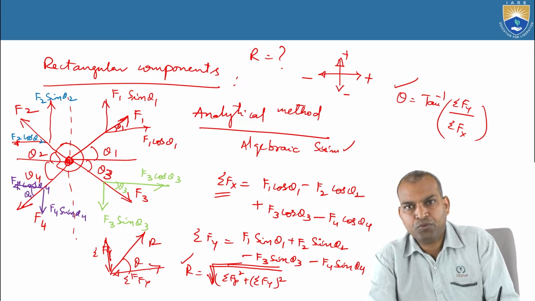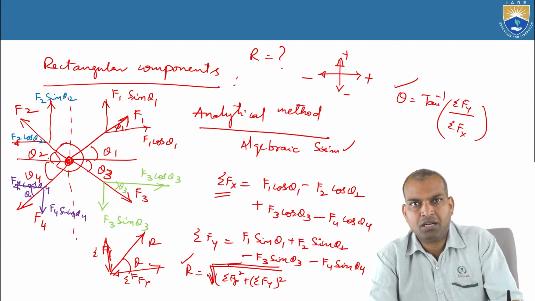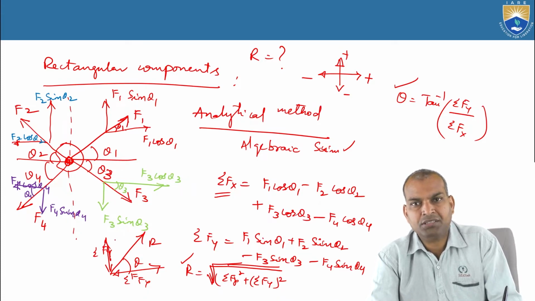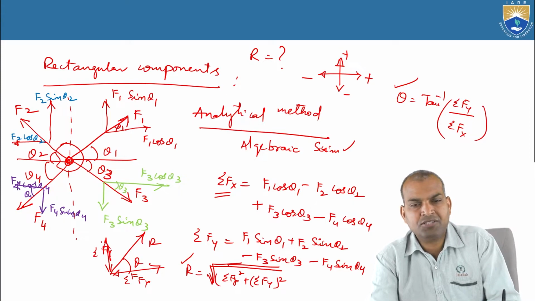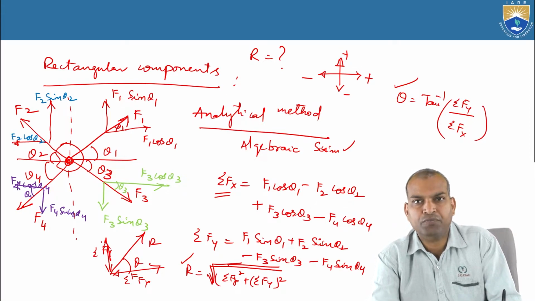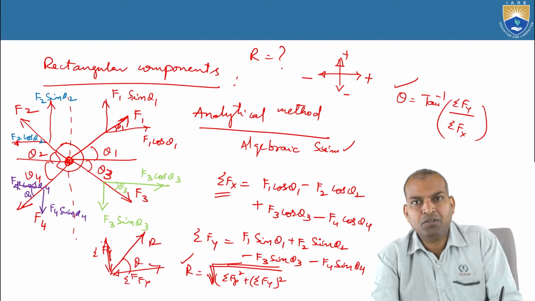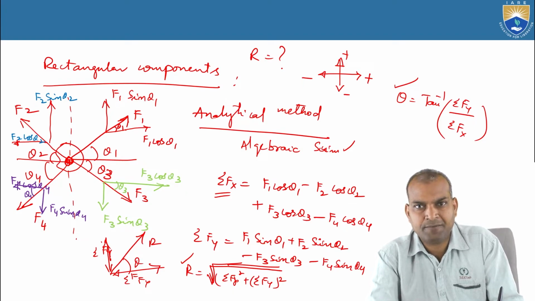All forces are divided in the x and y directions. Sigma Fx represents the horizontal components of all the forces F1, F2, F3 and F4, and sigma Fy represents the effect of all the forces in the vertical direction.